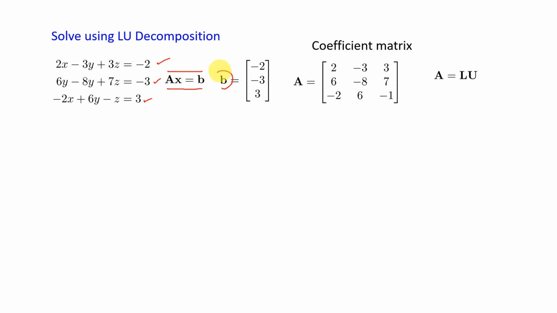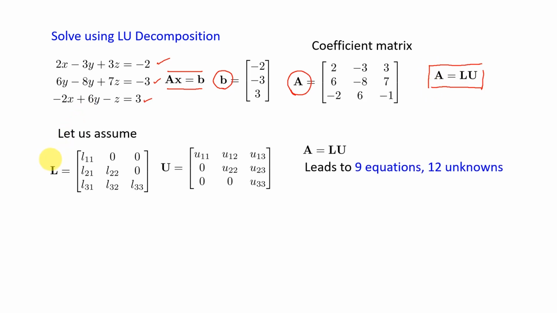Here the column vector b is minus 2, minus 3, 3, and the coefficient matrix A is 2, minus 3, 3, 6, minus 8, 7, minus 2, 6, minus 1. And our goal is to decompose A as a product of a lower triangular L and upper triangular U matrix.